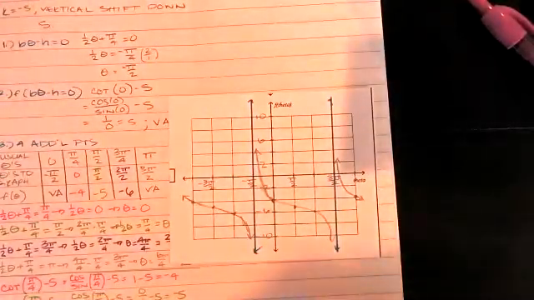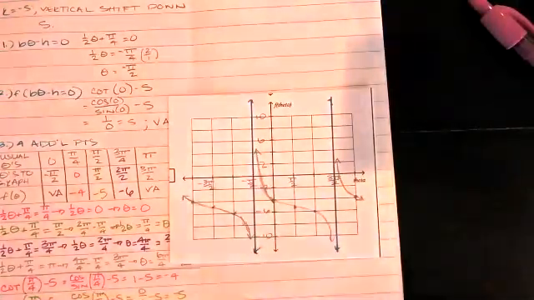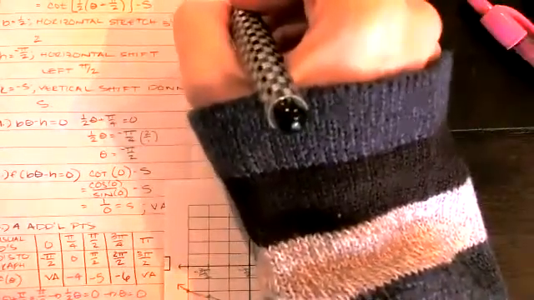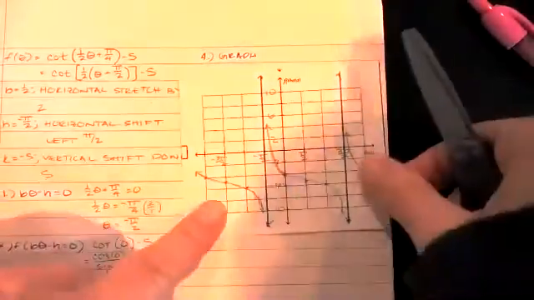So the next thing that we have to do is just talk about the domain and the range. I'm going to trim this so it fits on the page better.